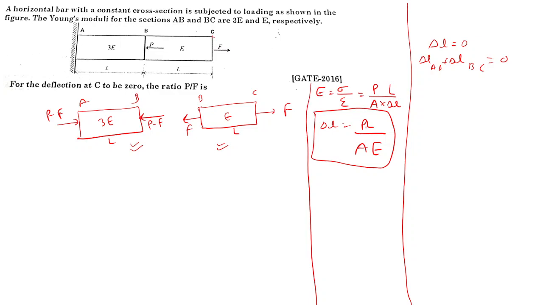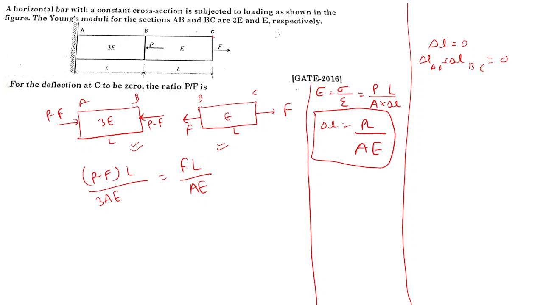So now we will put this. For this part, P would be P minus F, L would be L, and AE is 3E, and this should be equal to this part, FL by AE.